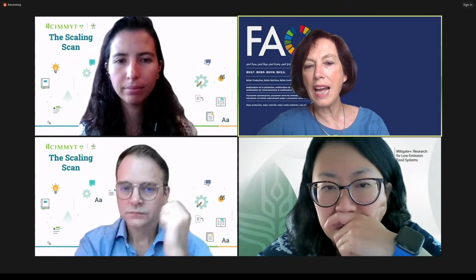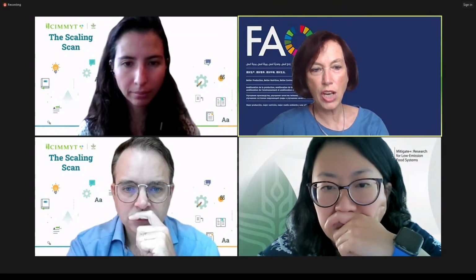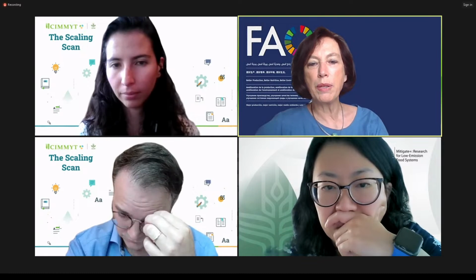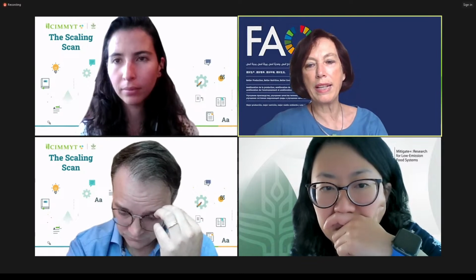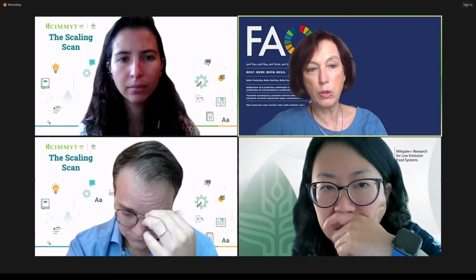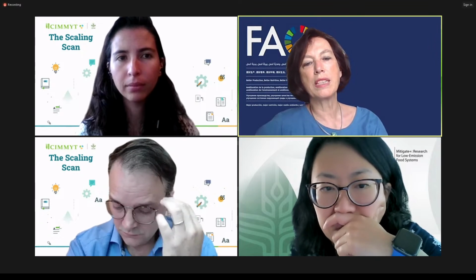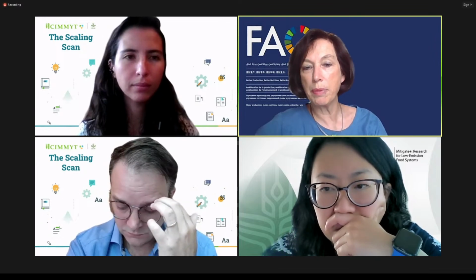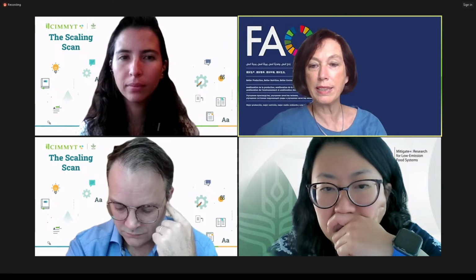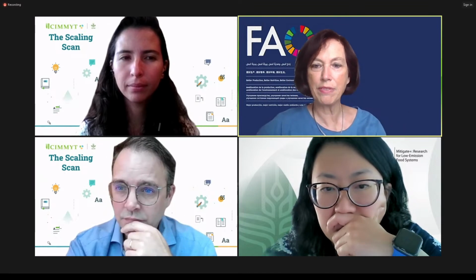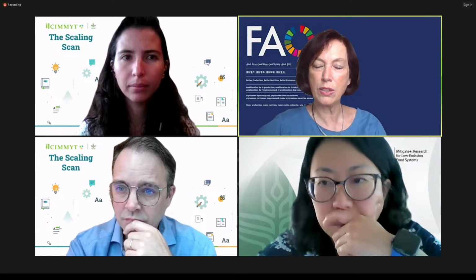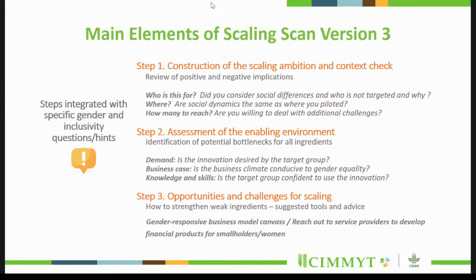And finally, in the last phase, opportunities and challenges for scaling. There we have, again, questions directed and solutions in terms of tools that we advise. For example, to use a gender-responsive business model canvas, where you look at different perspectives which are social, or advice as well.